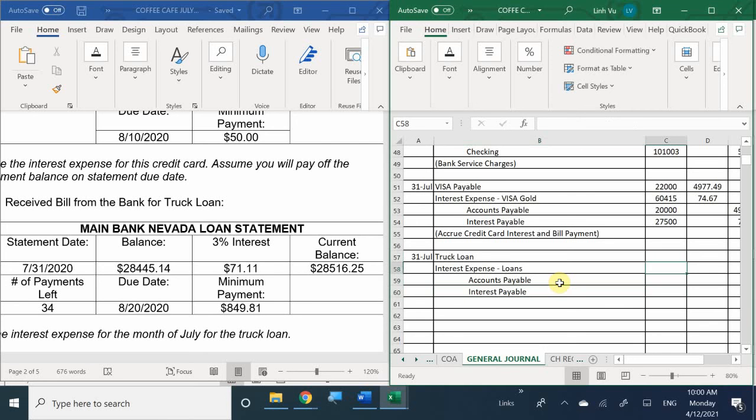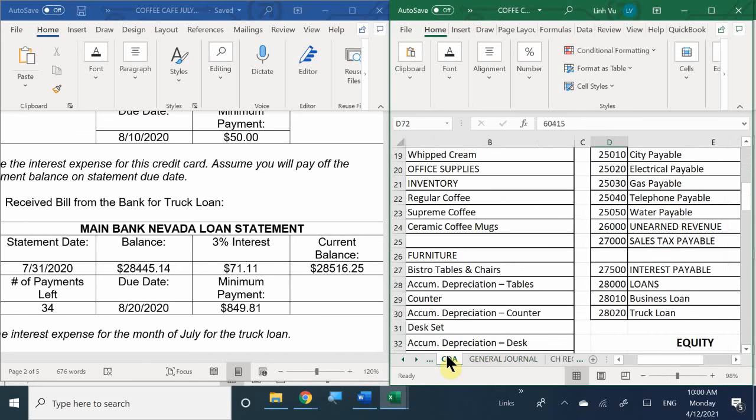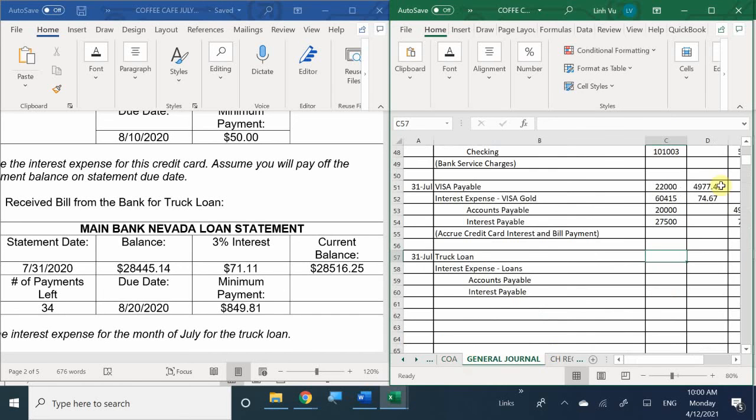Okay? So once again, what account number is my truck loan? 28020. My interest expense, 6450. I think it's 6420.